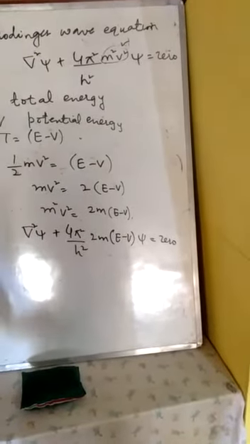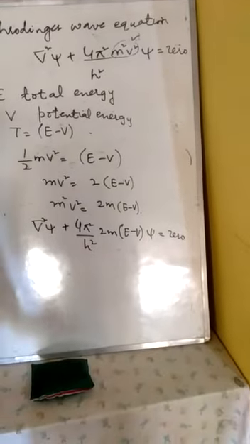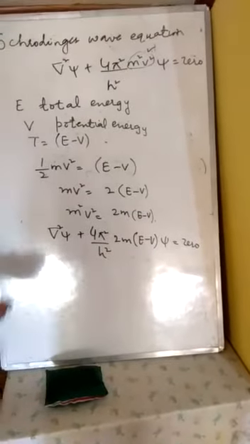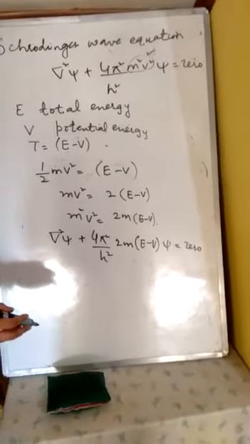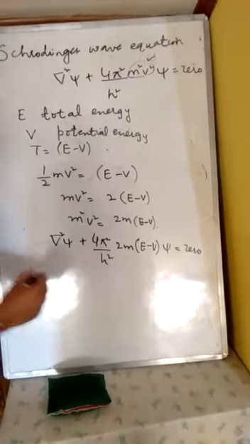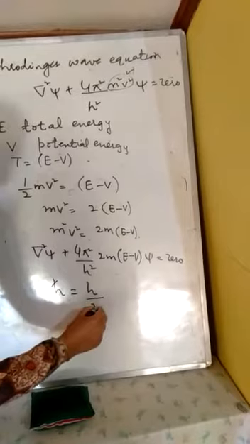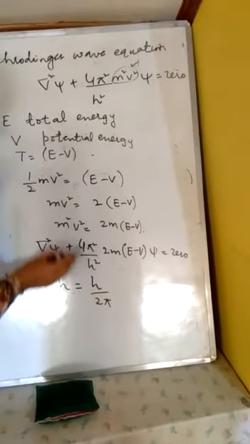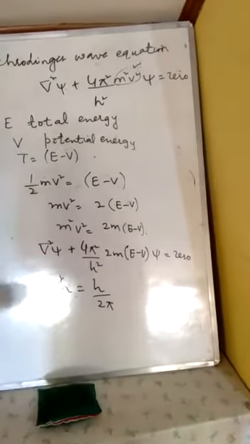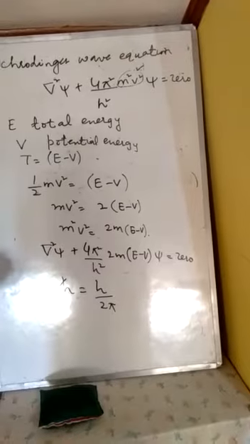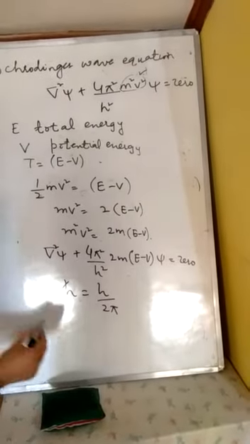Now, since you are beginners in quantum mechanics, there are some new terms, notations and symbols that I believe you should try to live with. And one such term is h cross. H cross is simply h by 2 pi. So that way you will be able to identify this term with 1 by h cross square. So what do we write finally?